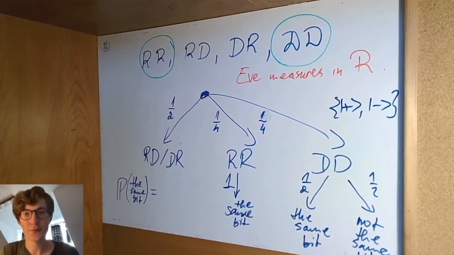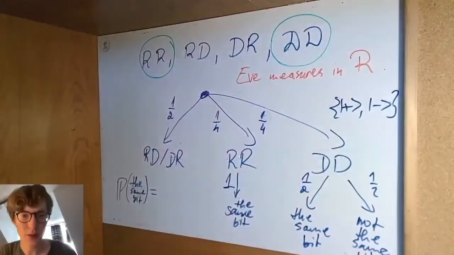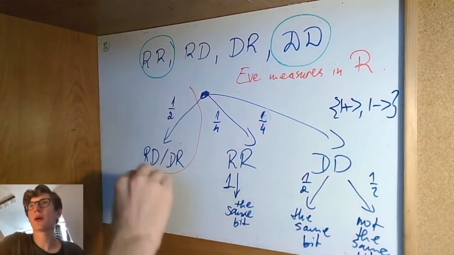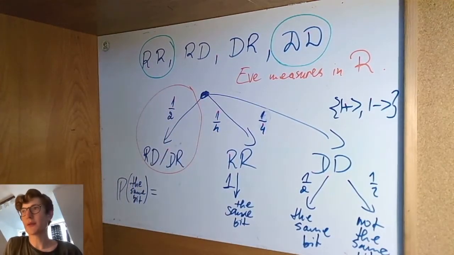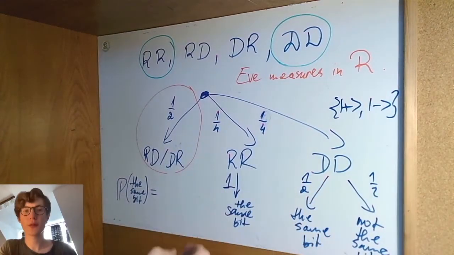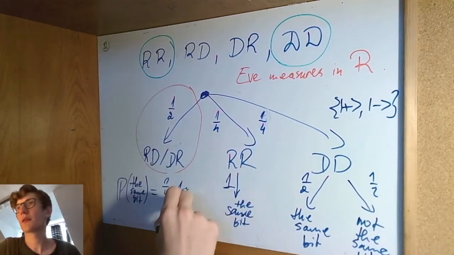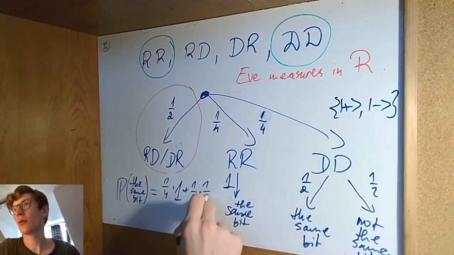Actually, the question is, what is the probability that the first bit in Alice's key is the same as the first bit in Bob's key? So we need to ignore this part, right? Because it doesn't add anything to the key. So we need to compute this conditional probability, which means that we take 1/4 times 1 plus 1/4 times 1/2, right?